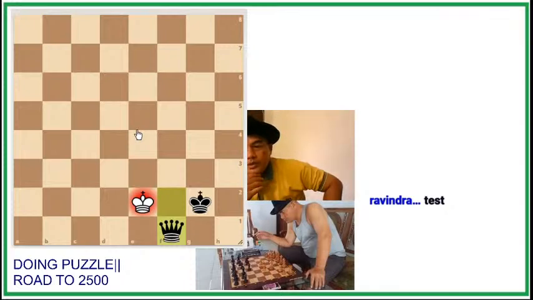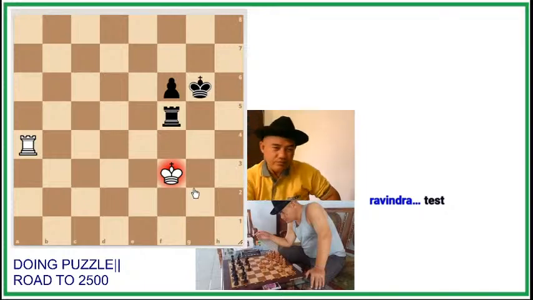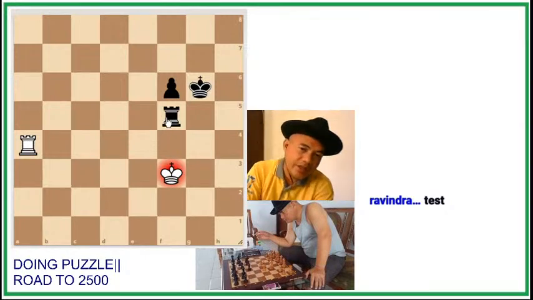We will talk about the direct opposition, the distant opposition, and maybe we will see what the diagonal opposition is and how to make the opposition. We will see that by making the opposition we put our opponent in zugzwang, and we can take advantage of that.